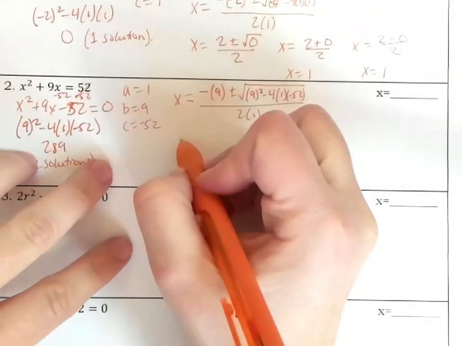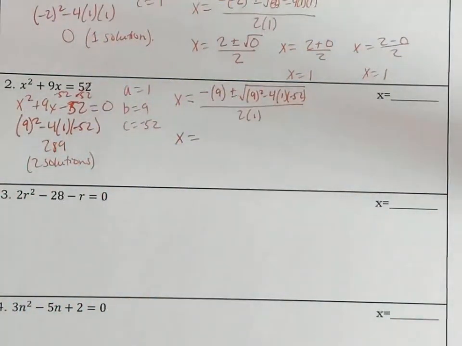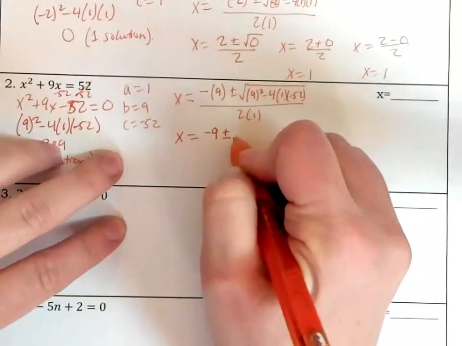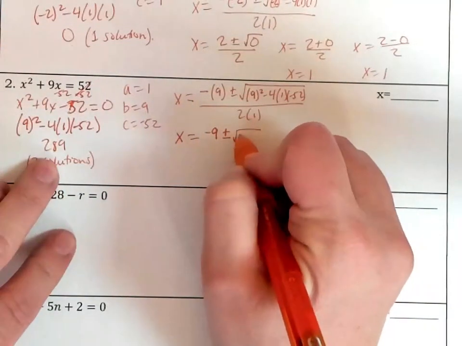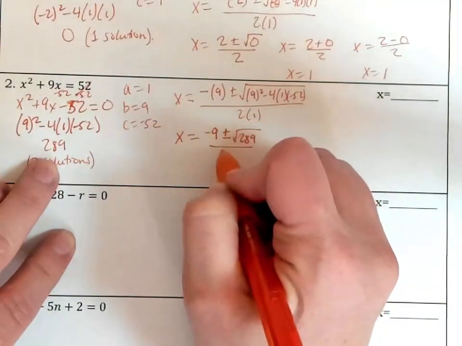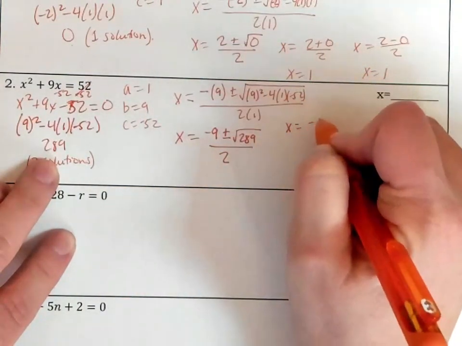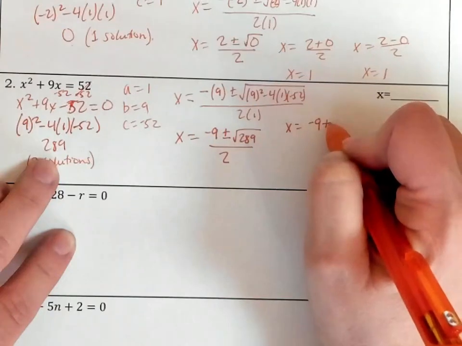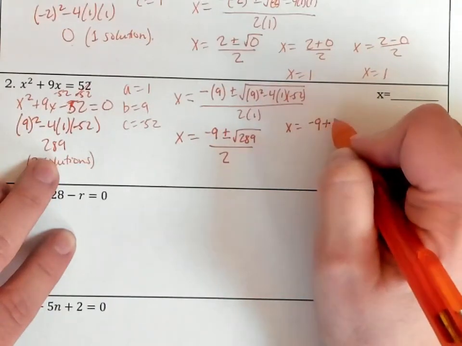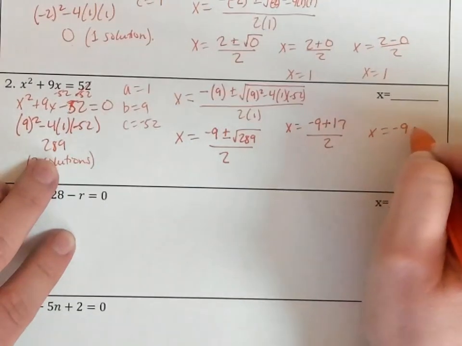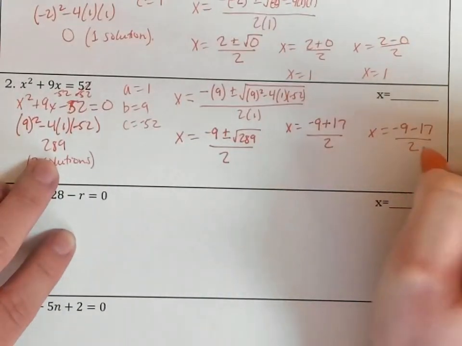All right, so let's go ahead and simplify. So we end up here with the -9 plus or minus the square root, and when we simplified this, we got 289 divided by 2, and we're going to go ahead and split it. So I have x is equal to -9 plus the square root of 289, which is 17, divided by 2, and I have x is equal to -9 minus 17 divided by 2.